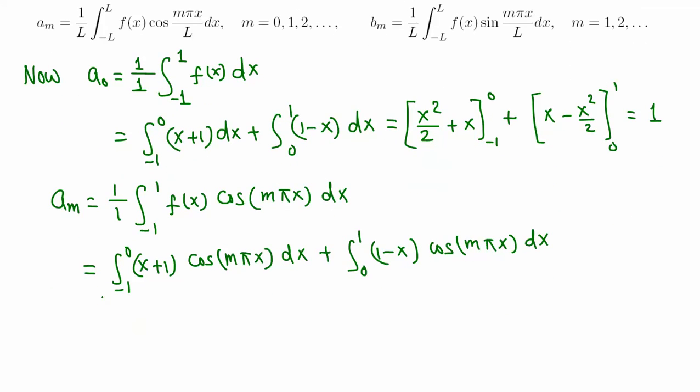Okay, now we can do the integration by parts. This is u and the remaining is dv. Same thing here, u dv. But if you distribute x in 1 and negative x and use the properties of even and odd functions, you can get the integration in a more efficient way.